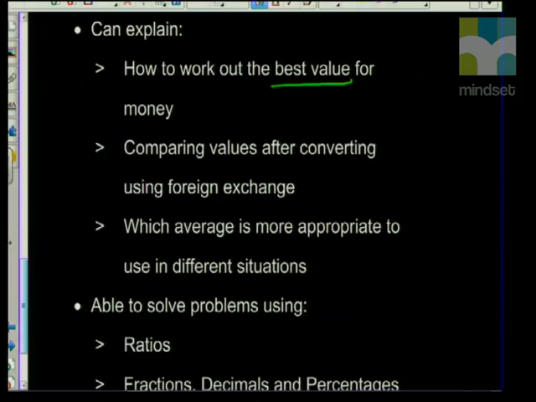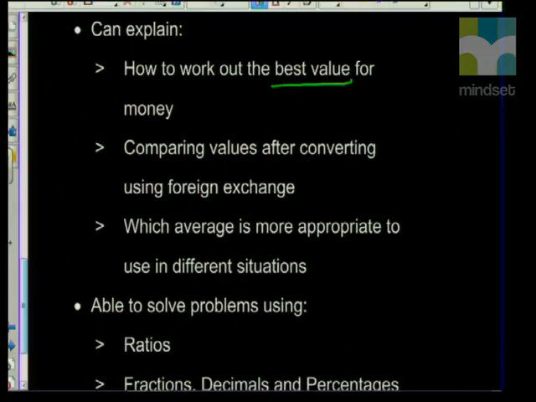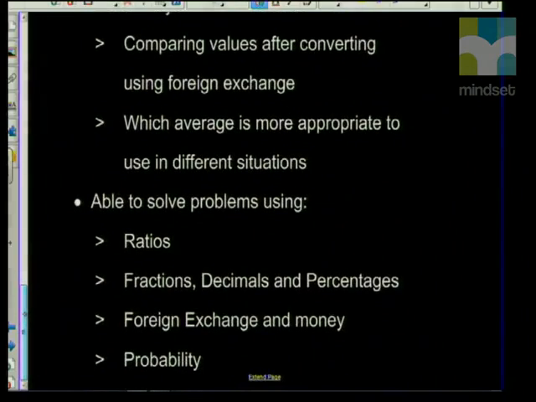So they might give you different examples of different values of things, and then you would need to decide which would be the best option to buy if you were purchasing it and wanted to buy the cheapest goods. You need to also be able to convert into different foreign exchanges and then also be able to comment on or use those different areas of foreign exchange.